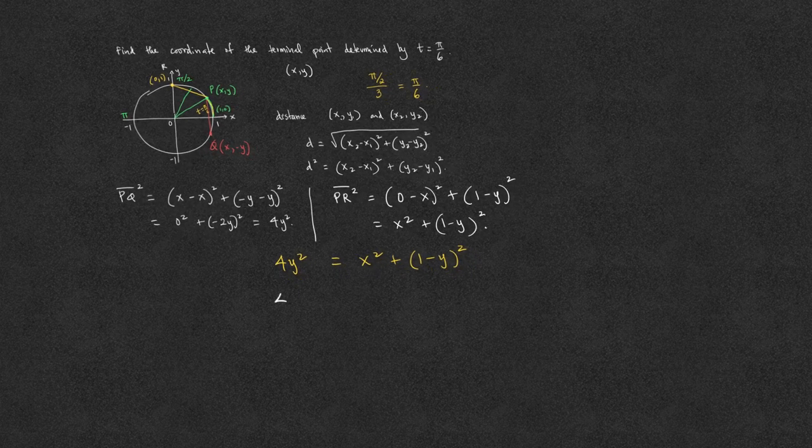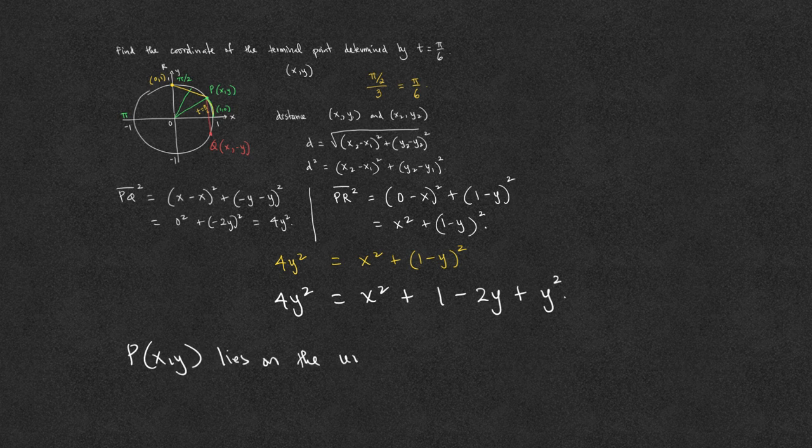First, the left-hand side is 4y squared, and the right-hand side is x squared plus 1 minus 2y plus y squared. This equation has two unknowns, x and y, so we can't solve for x or y at this stage, but the point P, x comma y, lies on the unit circle, and so it satisfies the equation x squared plus y squared equals 1, and so x squared has to be 1 minus y squared.